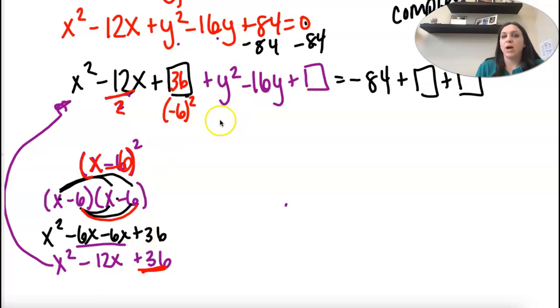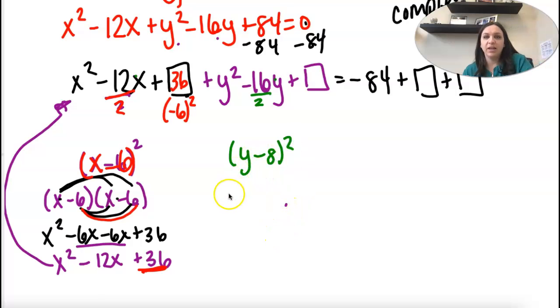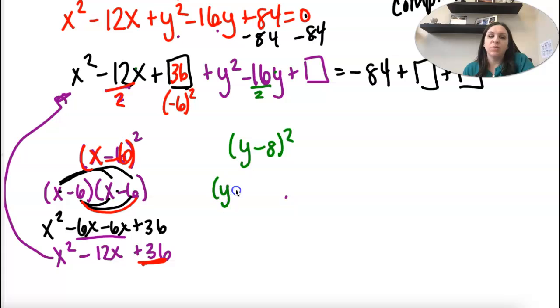So now let's do our y values. Same thing, I take the number next to just y or just x and divide it by 2. So now that's (y minus 8) squared. And again, that means (y minus 8) times (y minus 8).